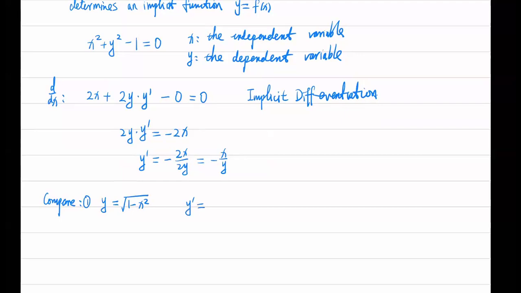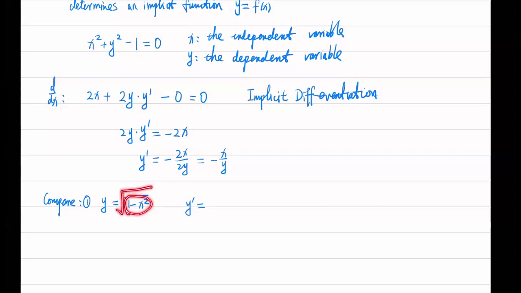Sophia, how do you find this derivative? What rule do you apply? Here we have this polynomial, then we have the square root.